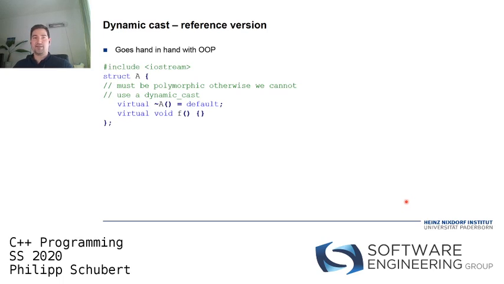Let's define ourselves a struct A with a virtual default destructor and some virtual function f. Then we have a struct B, which inherits from A. We have a struct C, which inherits from A, and we have a struct D, which inherits from B and C. Careful, this might cause the deadly diamond of death problem.